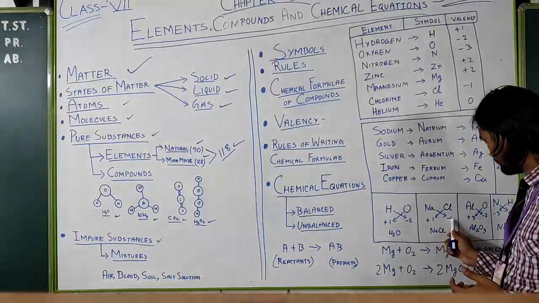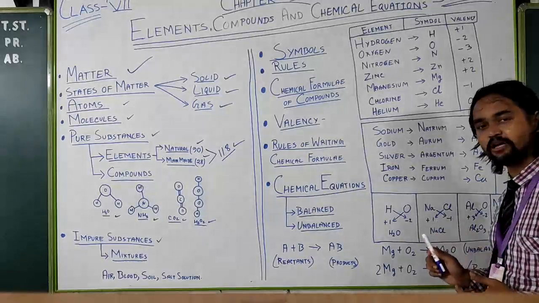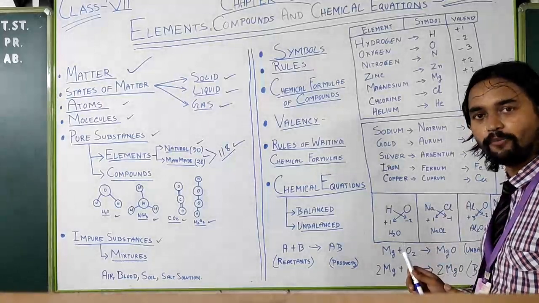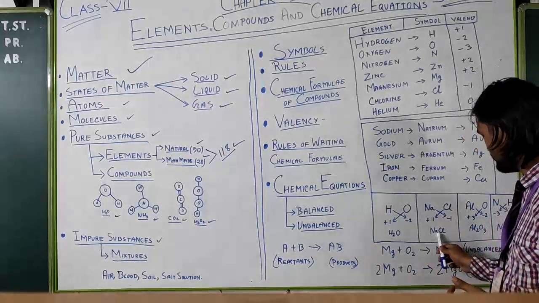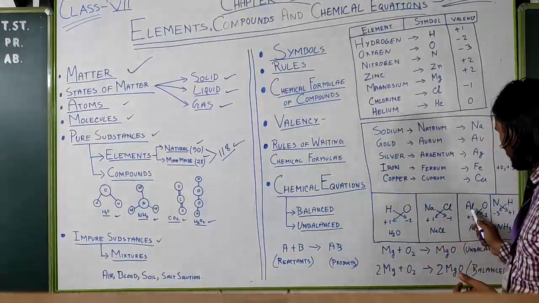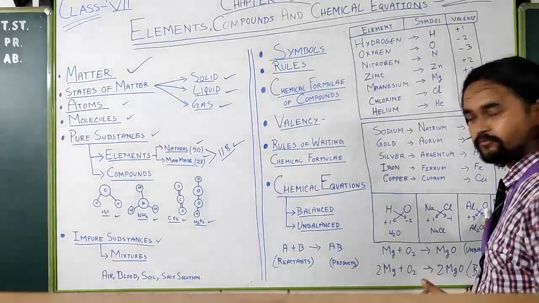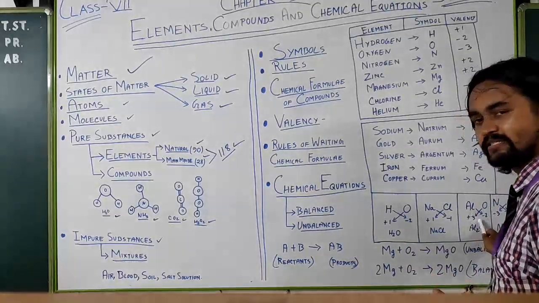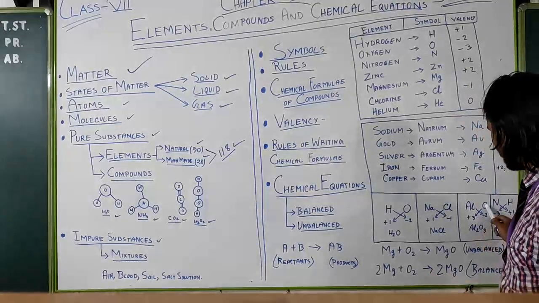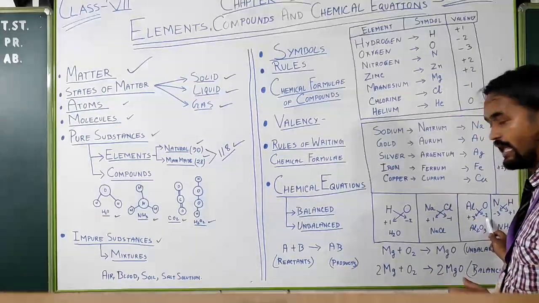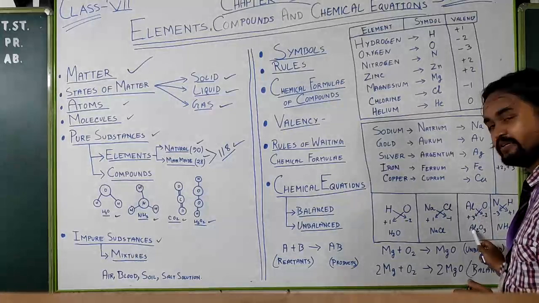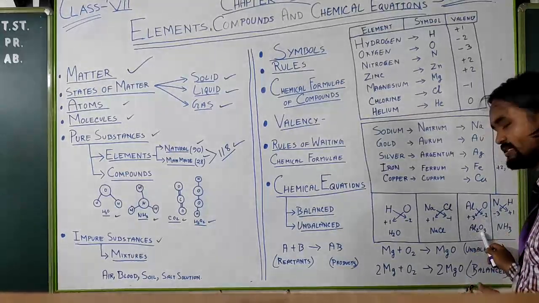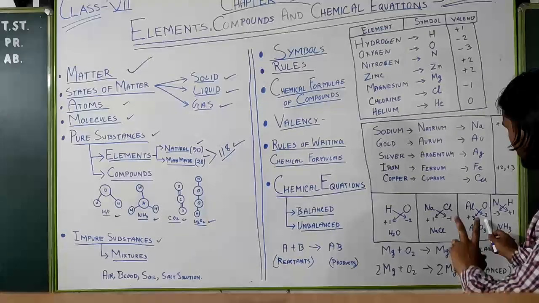So both contain the valency of 1, so this is omitted from the formula. In case of aluminum oxide, we can see that the valency of aluminum is +3 and the valency of oxygen is -2. So aluminum must be written in first position and oxygen in the second position, and the interchange occurs.